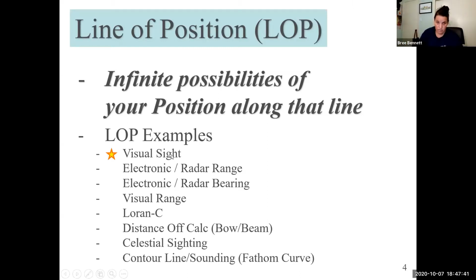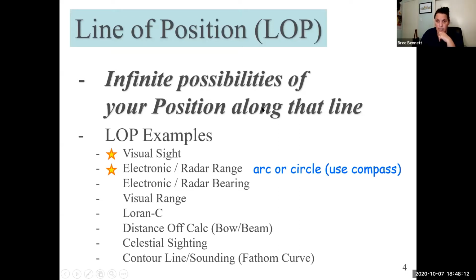So we have visual sight, and that's what we're talking about most in this class. And then we have our electronic radar range. That's using a radar, and the radar from the vessel echoes its signals to land, vessels, anything, and comes back. The most reliable sources are going to be your range from your radar and then your visual sight.